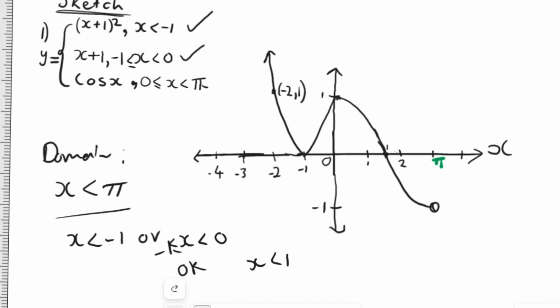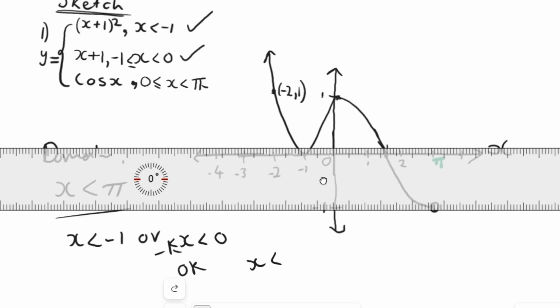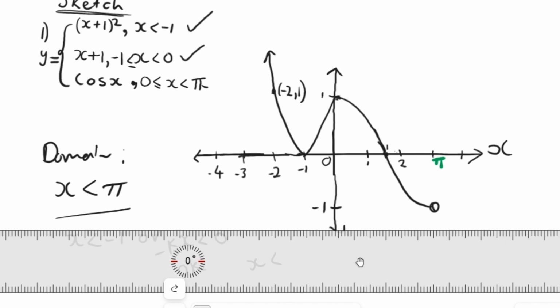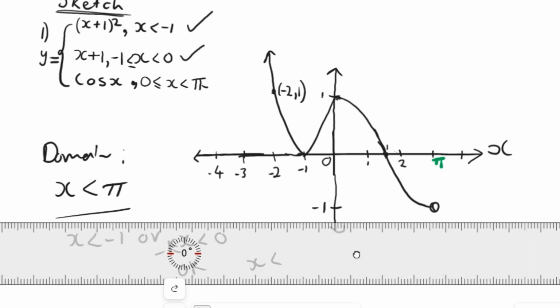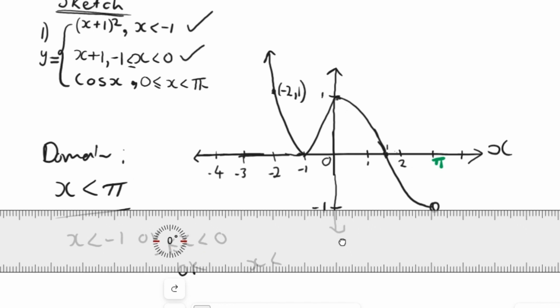If you look at it properly, you will see that the range goes from, you place your ruler now not vertically, you place it horizontal. We move it from down up. We don't touch the function. When you get to minus 1, we don't touch the function as well.